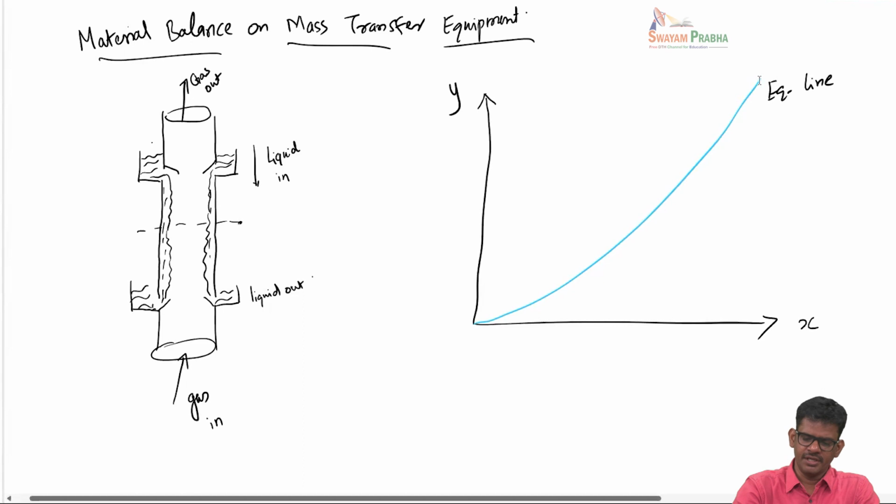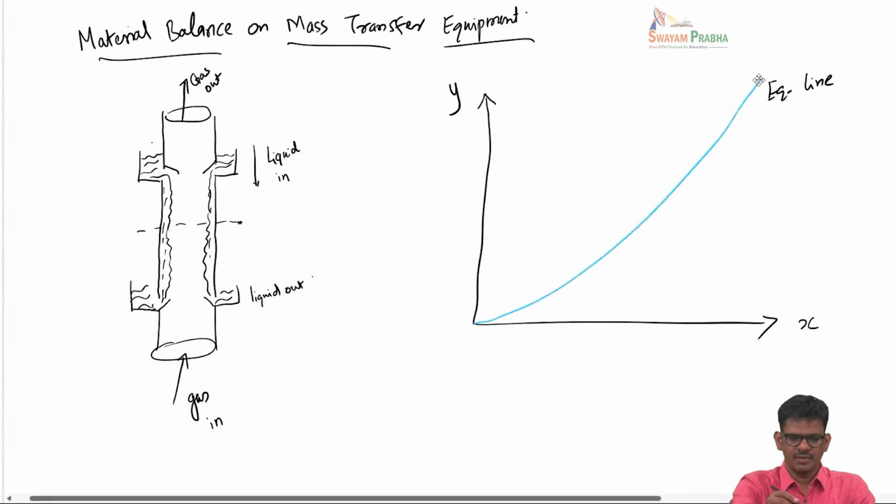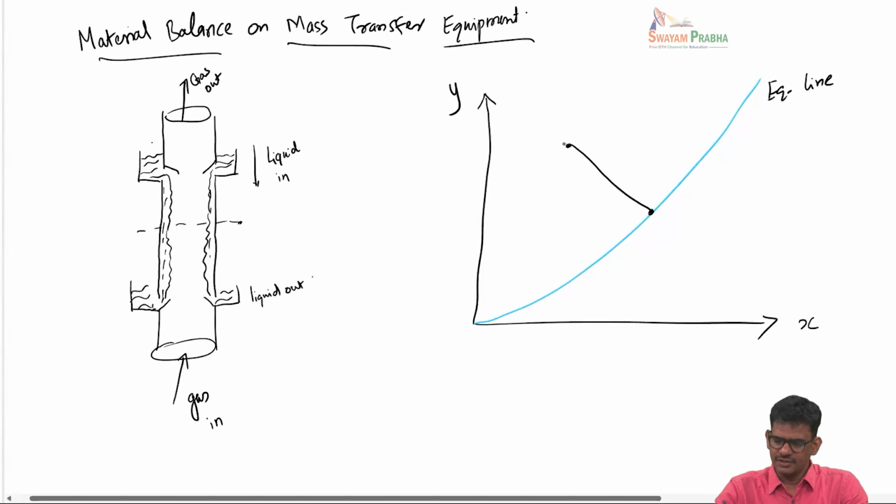At any point here, if I take the measurement of Y and X, you may see that that point may be located at this point P, and because of the flow of the two phases and the associated mass transfer coefficients, you have a liquid phase and a gas phase film coefficient, and we did a mass balance and showed that there is a line with a slope of minus kx by ky.